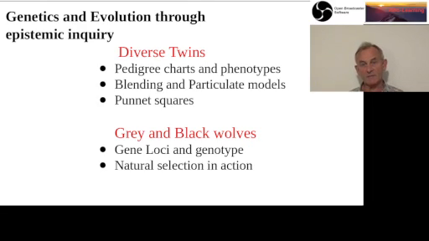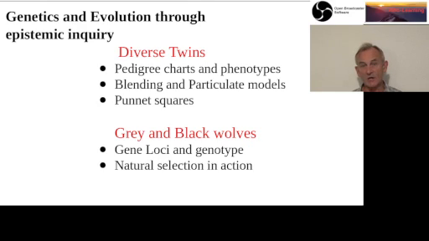Then a second phenomenon, very interesting, about how black wolves developed within grey wolf populations, which we believe to be from hybridization with domestic dogs and a dominant allele that produced melanin to turn the wolves black.